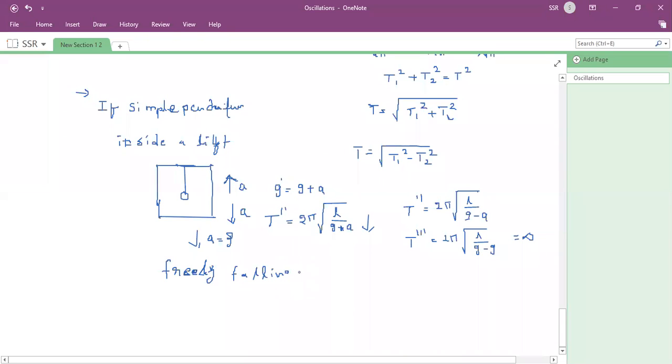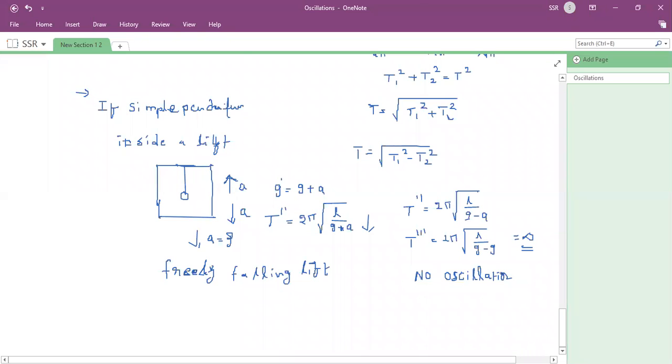In the case of a freely falling lift, time period infinity means there is no oscillation. Infinite time it won't move. That is the meaning. There is no oscillation. Okay.